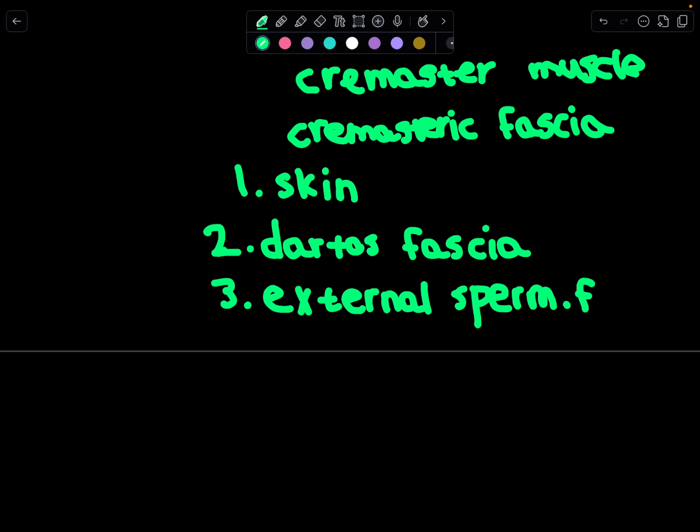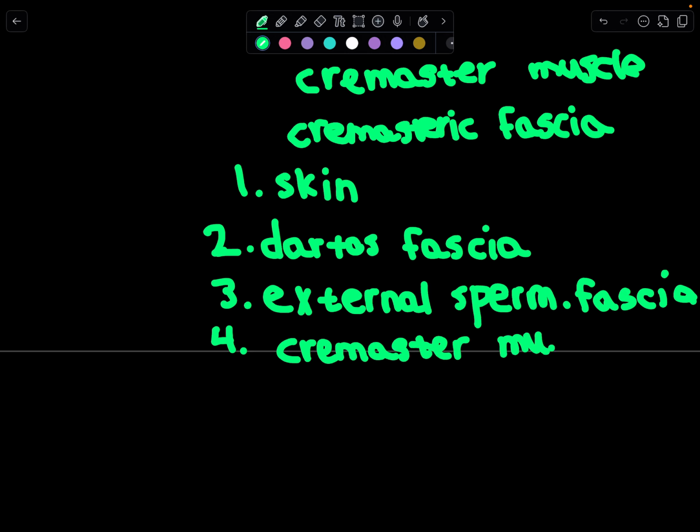Then, we hit the cremasteric muscle, a thin sheet of skeletal muscle from the internal oblique, bundled with its cremasteric fasciae, a loose connective tissue that supports it, allowing the testes to be pulled up reflexively. After that, you've got the internal spermatic fasciae, a delicate layer from the transversalis fasciae, directly encasing the spermatic cord's contents and testes.